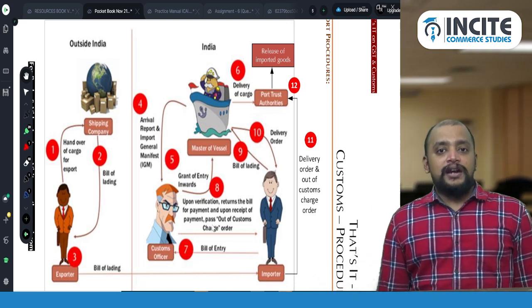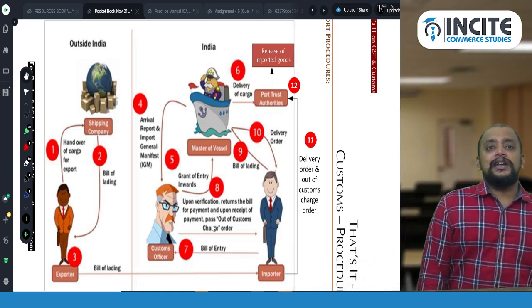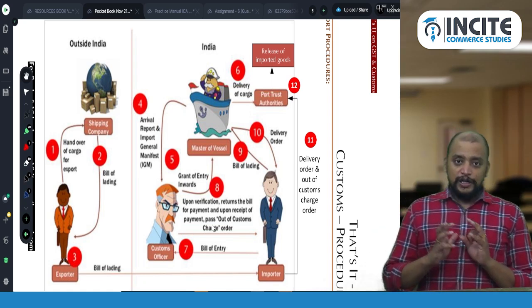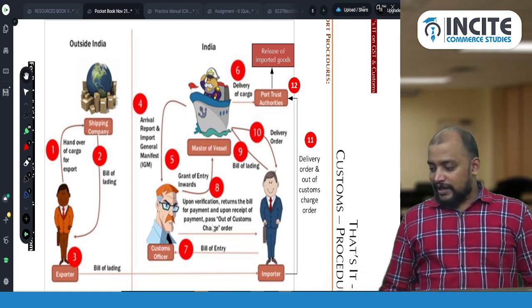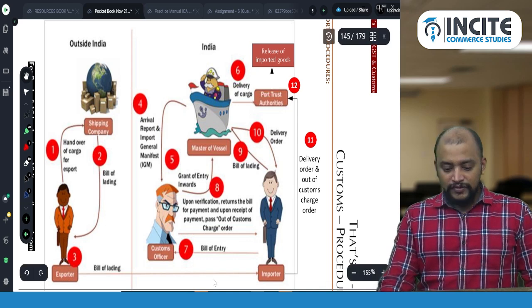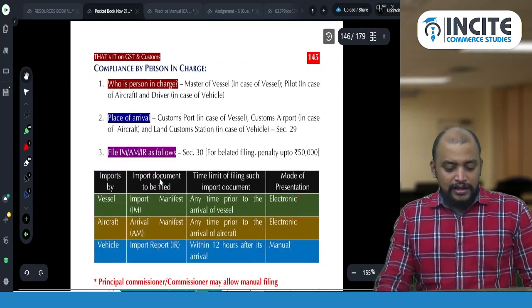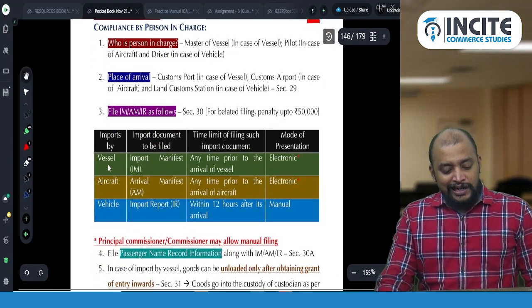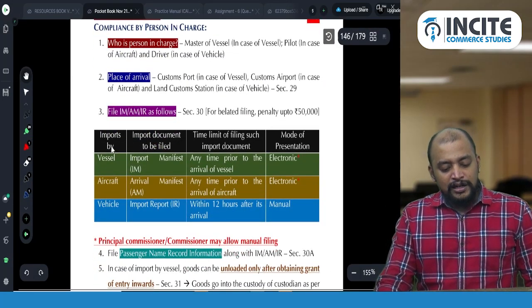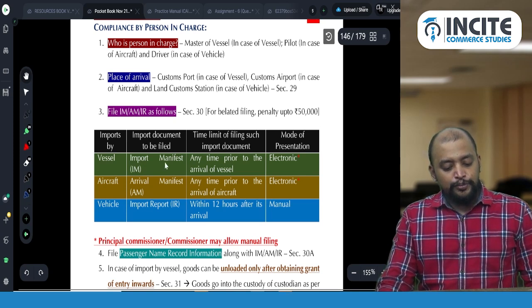In case of aircraft, it is the arrival manifest. In case of vehicle, it will be the import report. So for imports by vessel, aircraft, vehicle, what is the document to be filed? Import manifest, arrival manifest, import report.